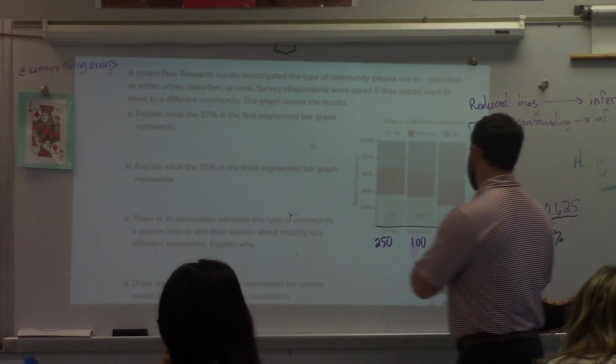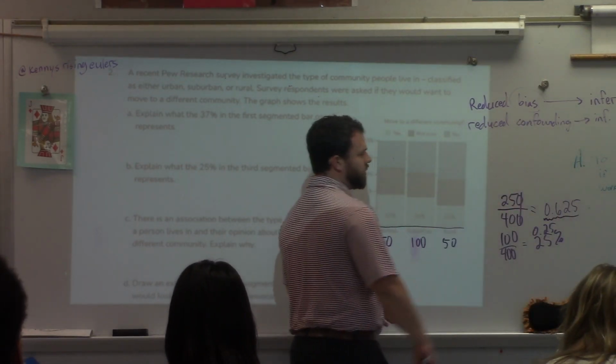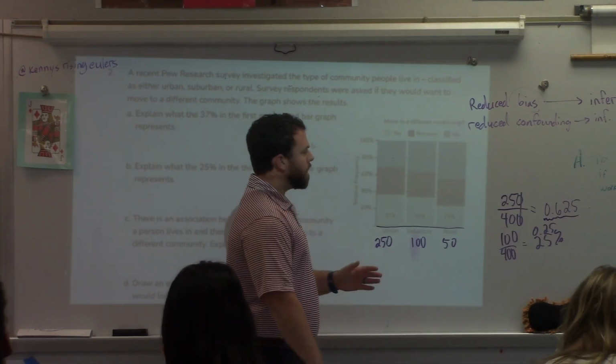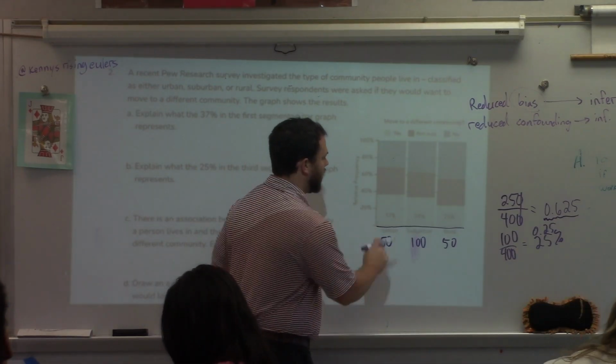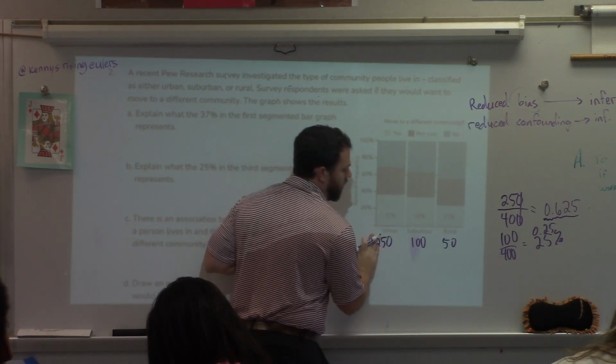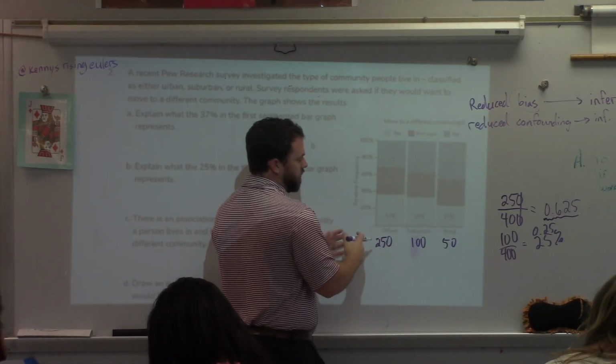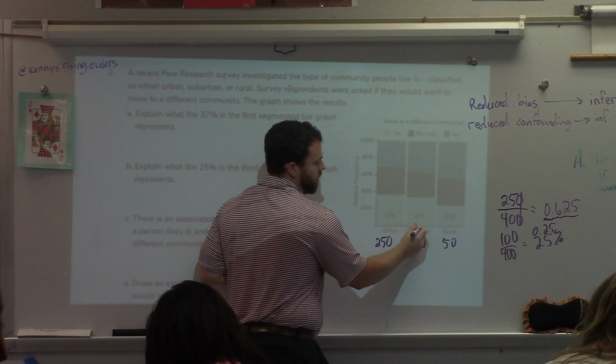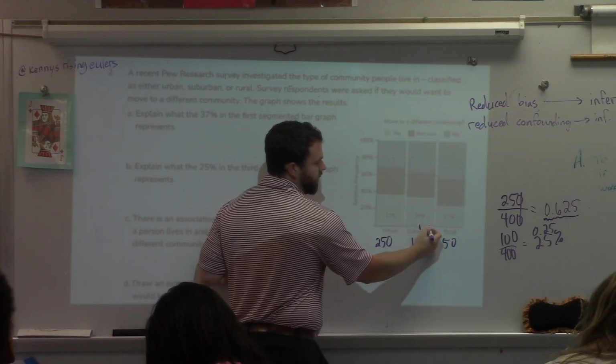So, remember, in a segmented bar graph, the bars are the same width, right? But if I were doing a mosaic plot, I need the width to indicate what percent of the respondents were in the urban setting. So, let's say this is halfway through, so 62.5%.